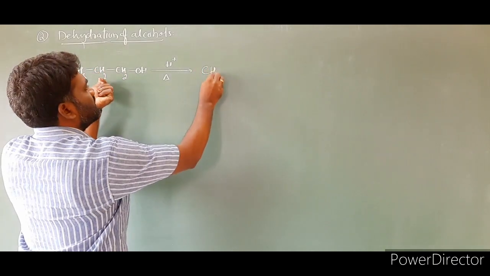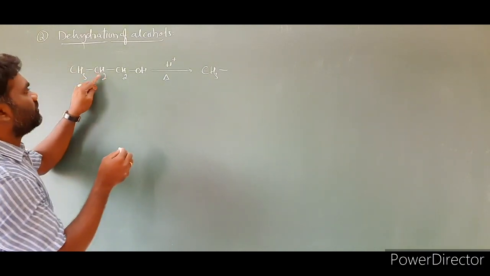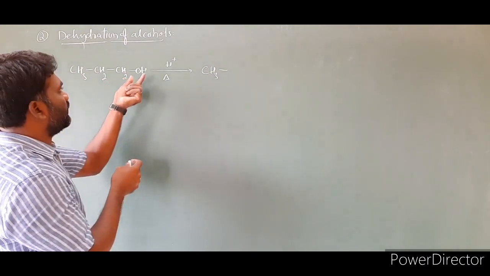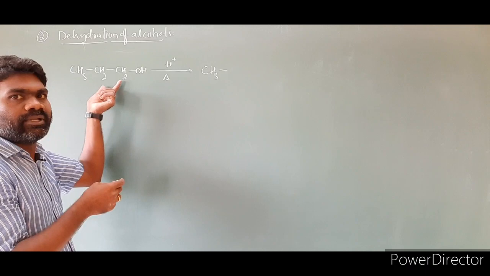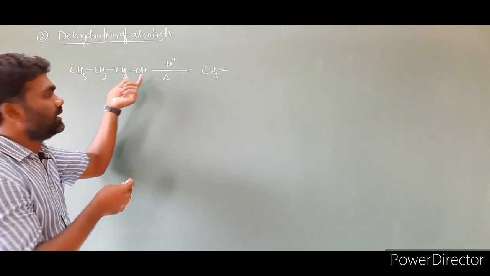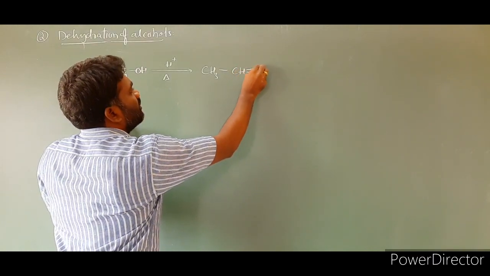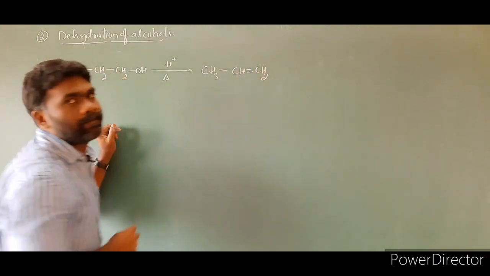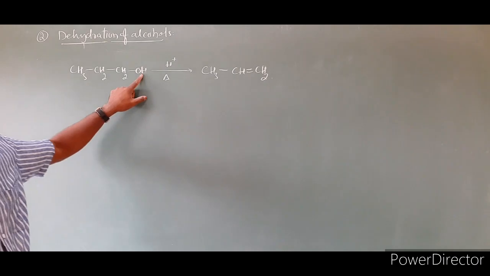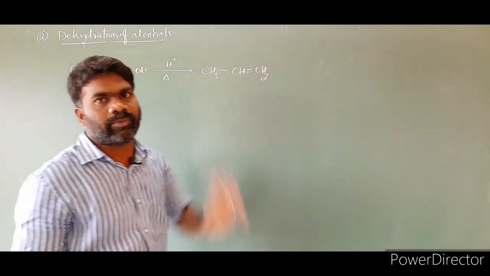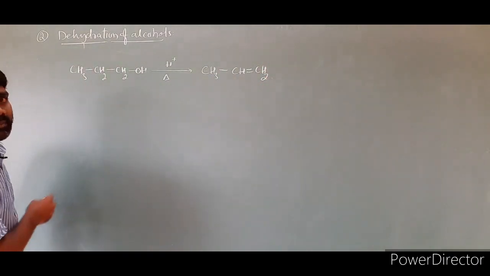Then this CH3 remains same, CH3, C, we have to remove one hydrogen. Where the OH group is there, from the next carbon you can remove hydrogen, not go far away from it. Then CH double bond CH2 will be obtained, with H2O in the product. This is the first example.